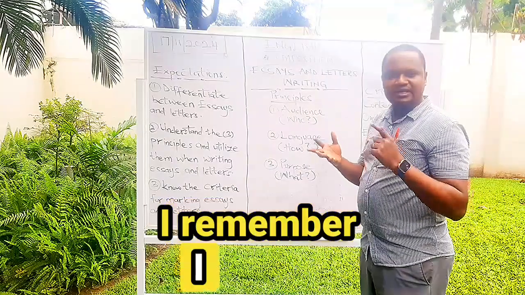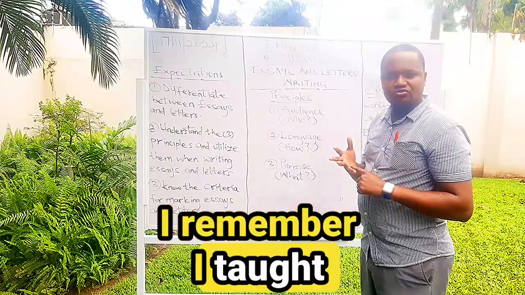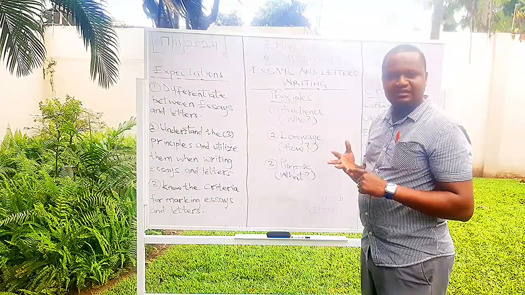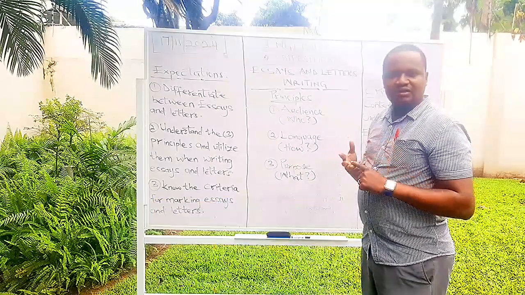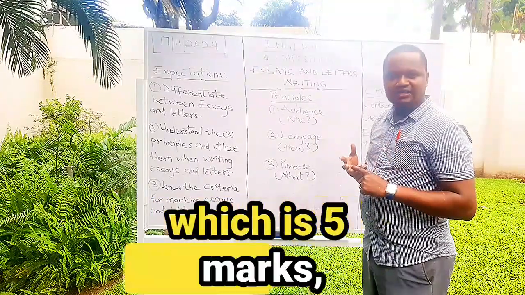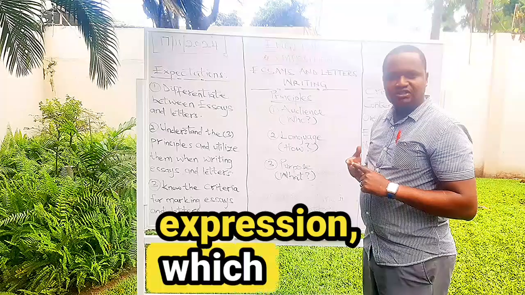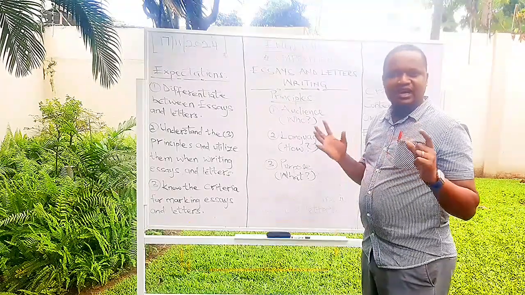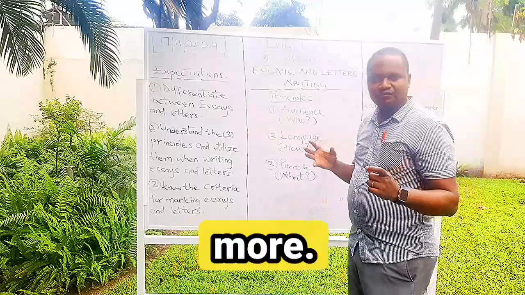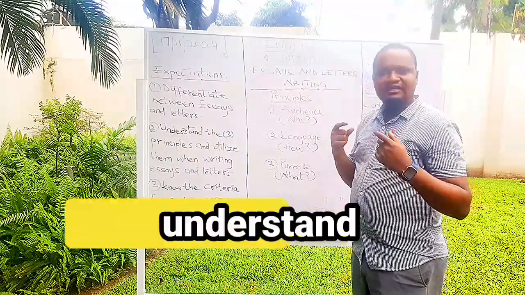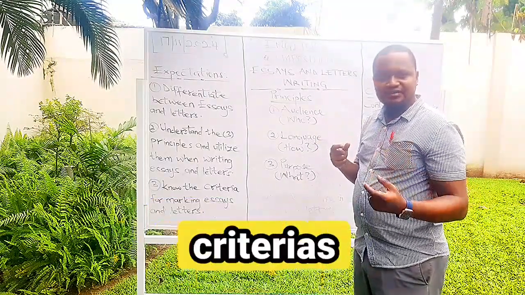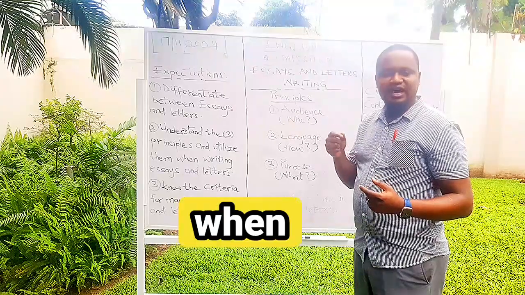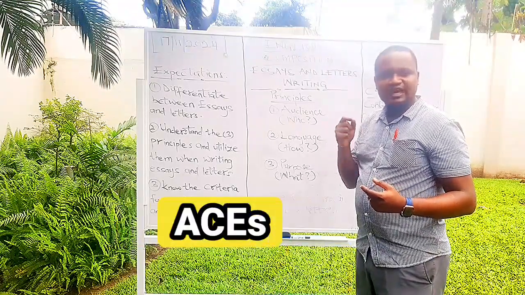I taught you content, which is 10 marks, organization, which is 5 marks, expression, which is 10 marks, and mechanical accuracy, which is 5 marks. Learners, I encourage you to practice more and understand these criteria because they are very critical when it comes to essays and letters.